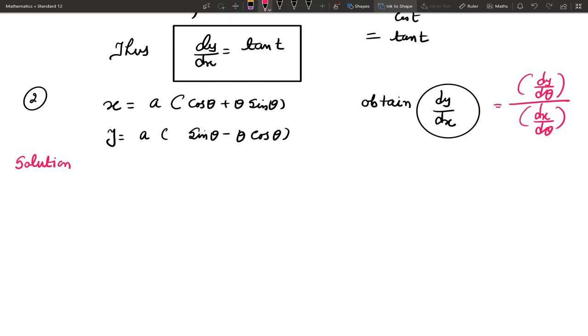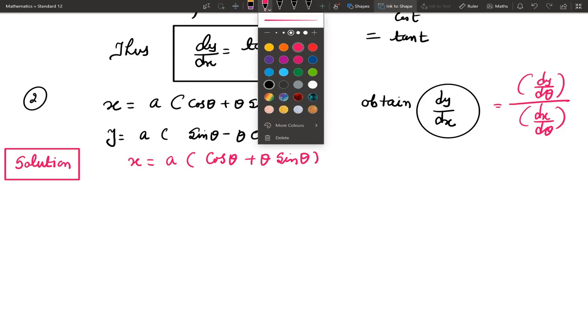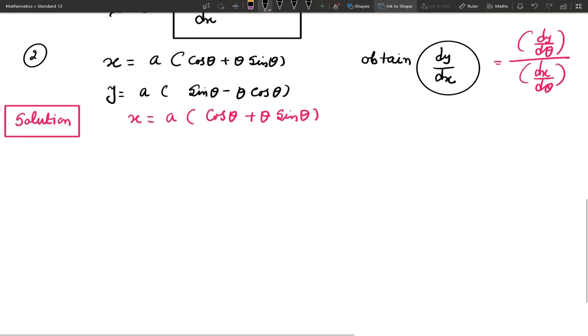Solution, x equal to a into bracket cos theta plus theta into sin theta. So we evaluate dx by d theta.